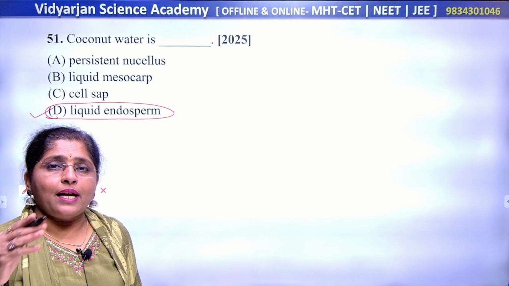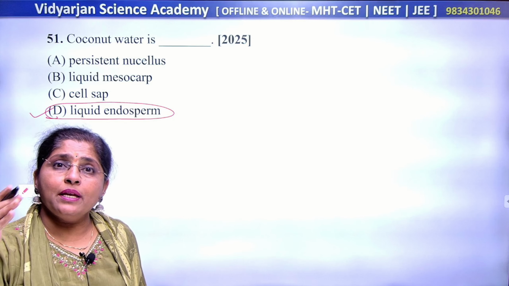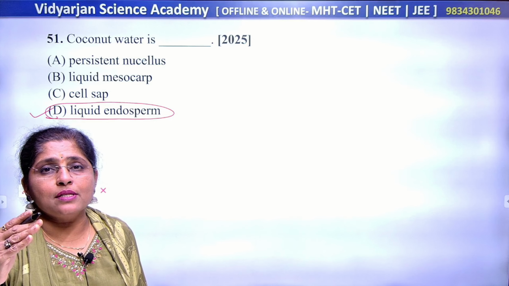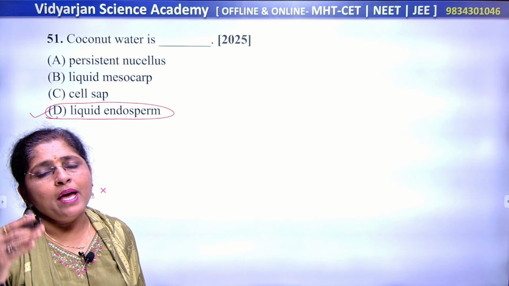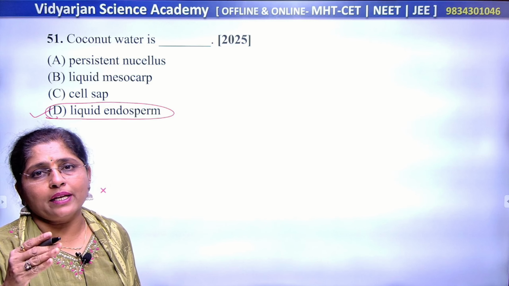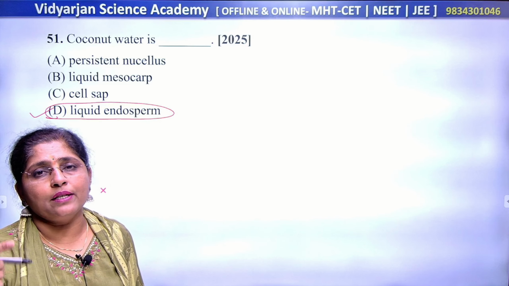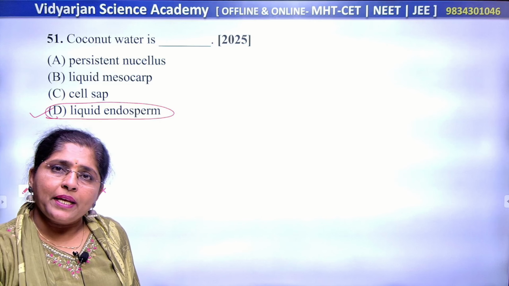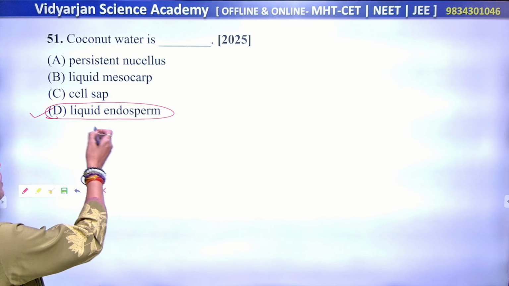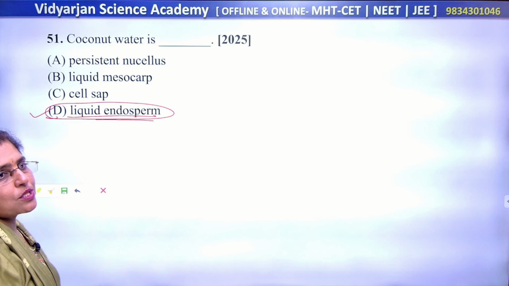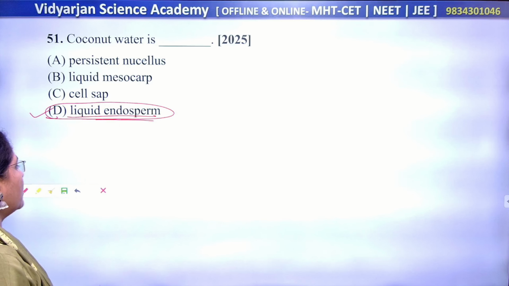Remember what is the role of mesocarp, what is the role of pericarp, and what is the nature of the endocarp. Please remember, in angiosperms every layer has great importance, and in different plants you will get different nature of pericarp, mesocarp and endocarp. So in coconut, the water is liquid endosperm. Whatever liquid we are drinking is the endosperm.